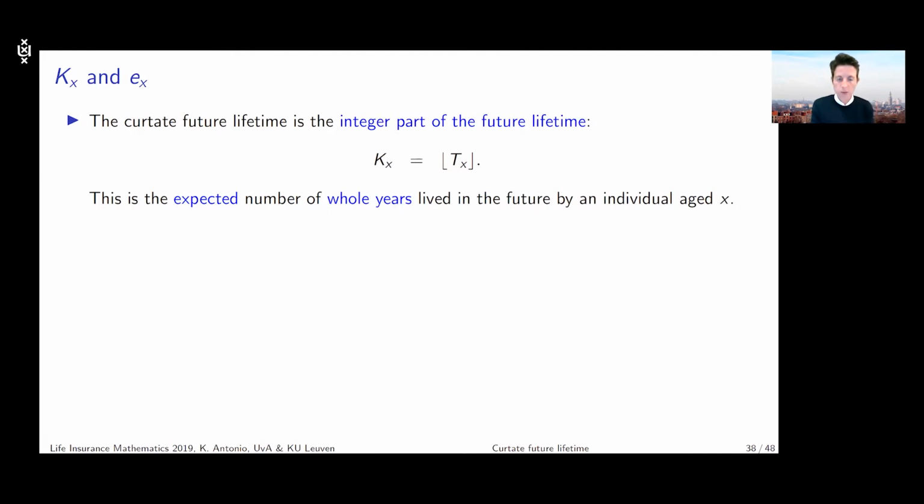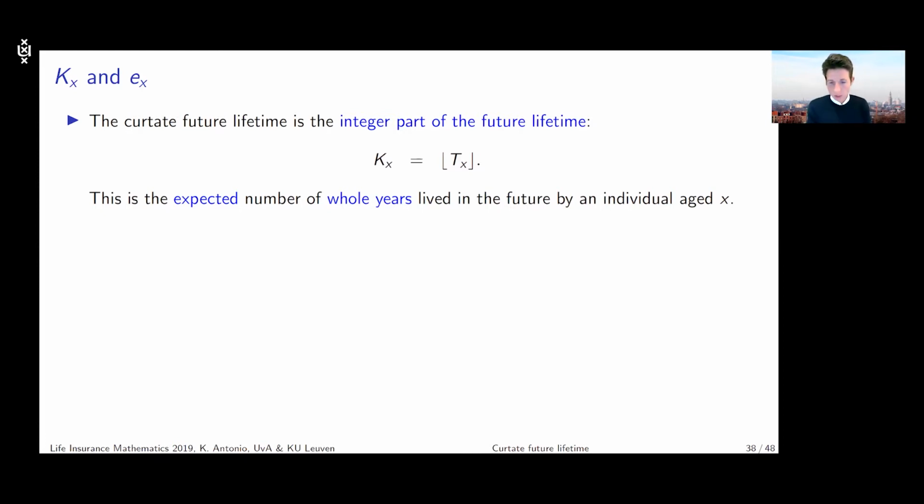It's the expected number of whole years. If you take the expected value of Kx, you're looking at the expected number of whole years that is lived in the future by an individual aged x. And why is that interesting to look into? Because often an insurance product will pay out at the beginning of the year or at the beginning of the month.